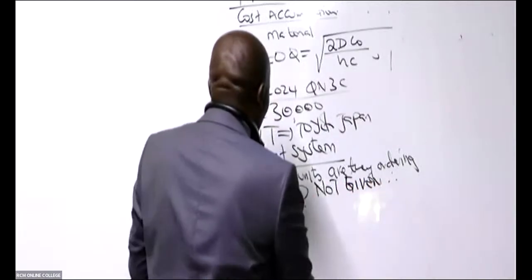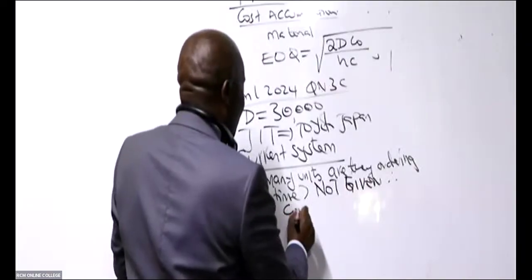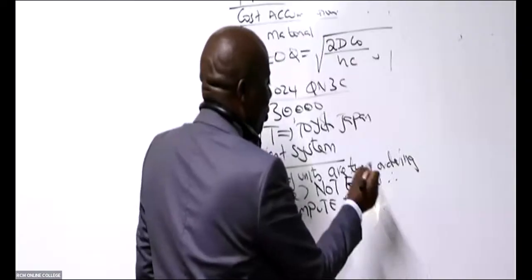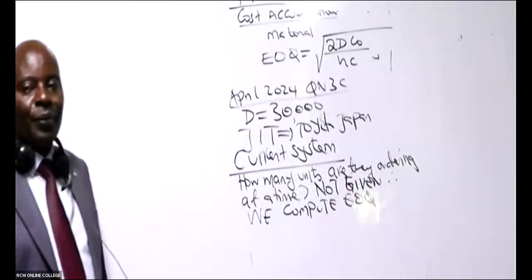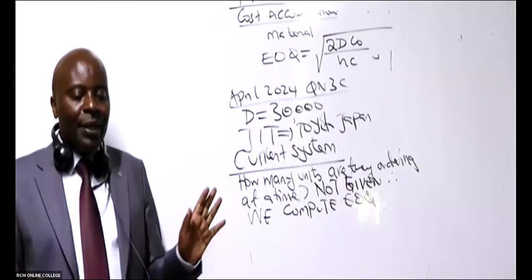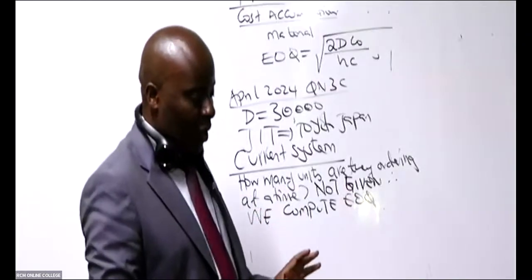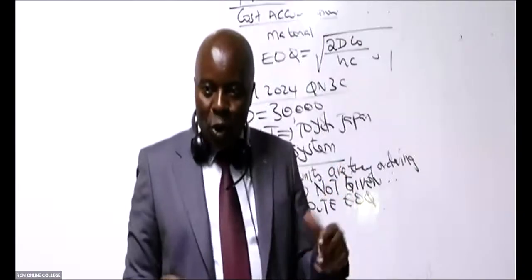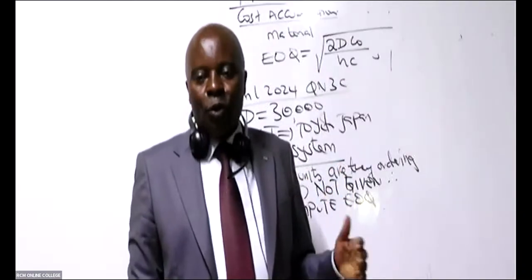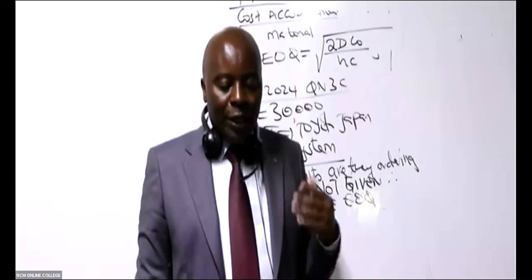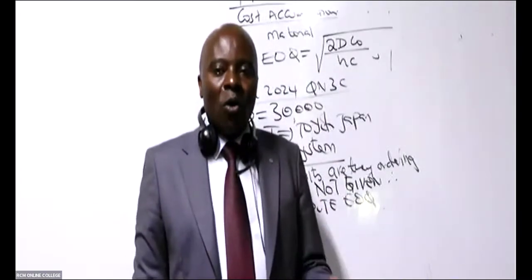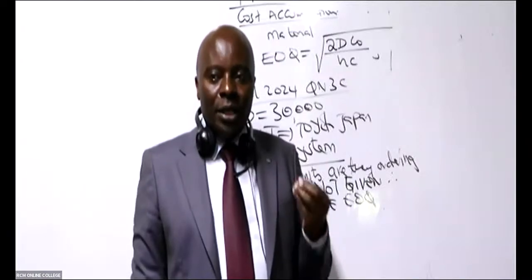Under this current system, nowhere have they told us that, for example, every time they are ordering 2,000 or 3,000. In the absence of a quantity being given, we are prudent and would always want to minimize our cost, and therefore we shall order the EOQ.